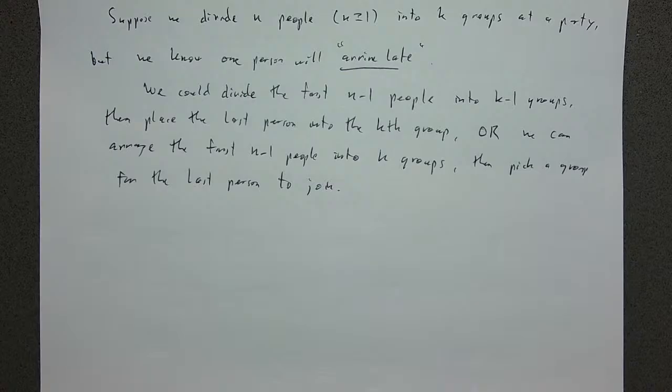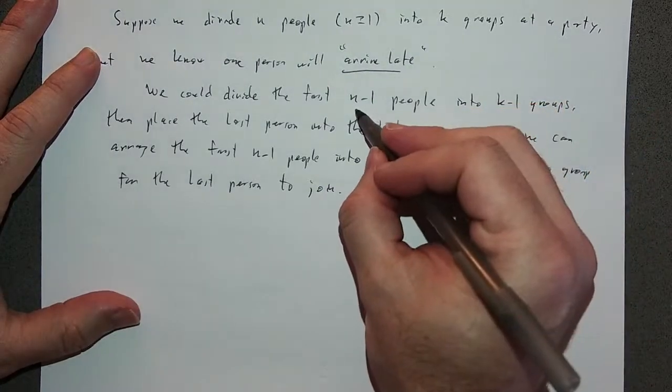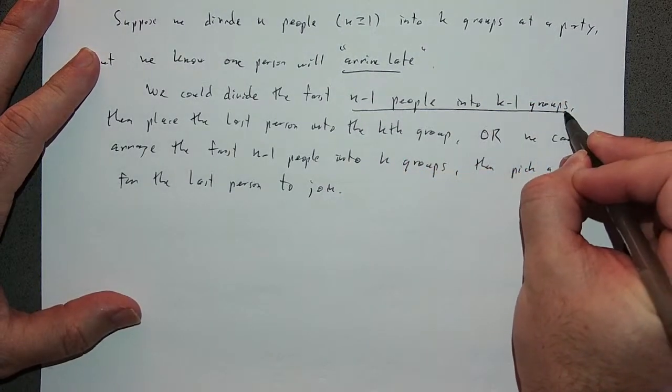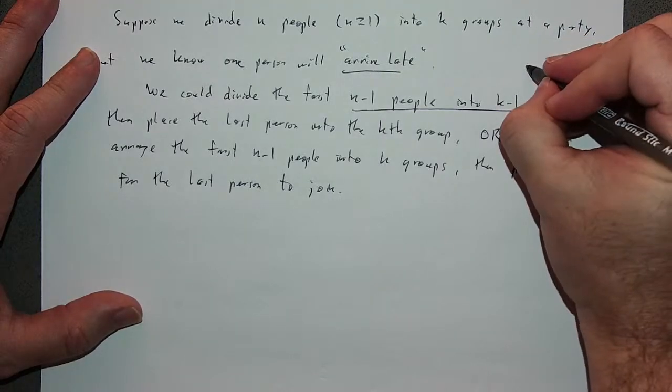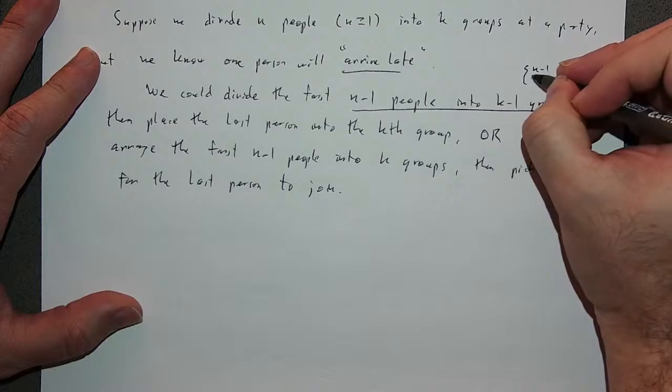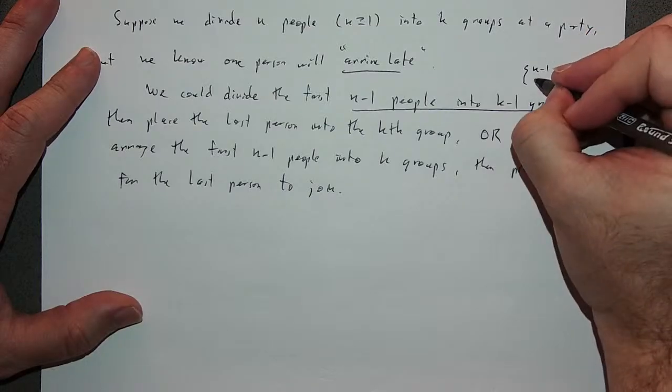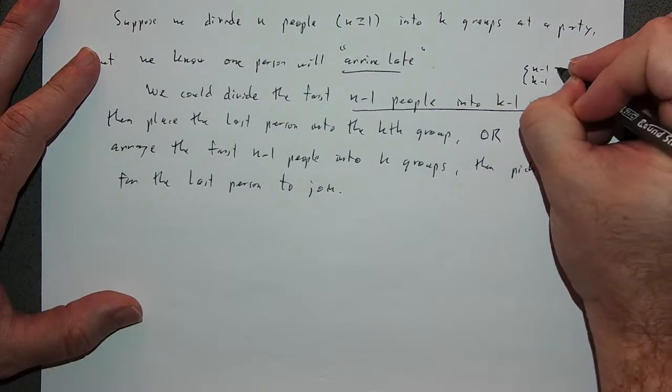In the first case, how many ways are there to arrange the guests? The Stirling number of the second kind, n-1, k-1.